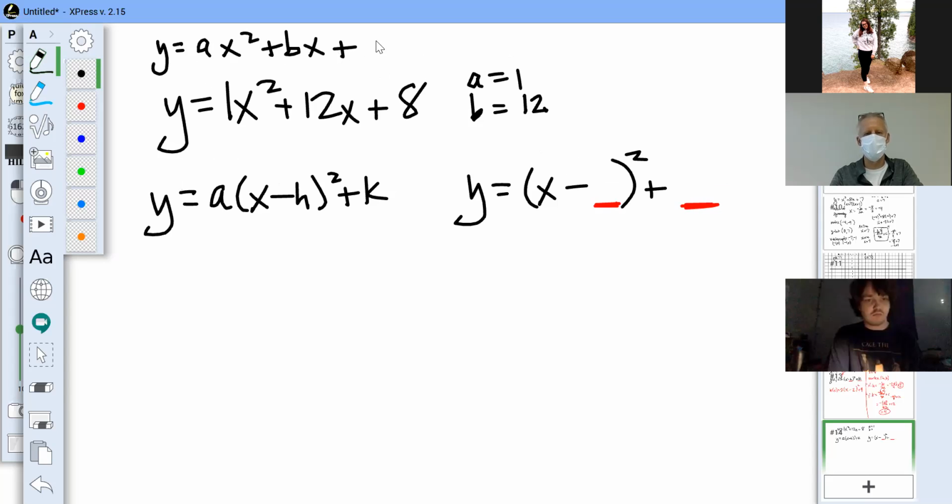Okay, that's what I'm doing right there. I'm pulling out the coefficients of my quadratic. So my A value is 1, my B value is 12, my C value is 8. So it's the numbers that are in my function that I'm using to plug in.